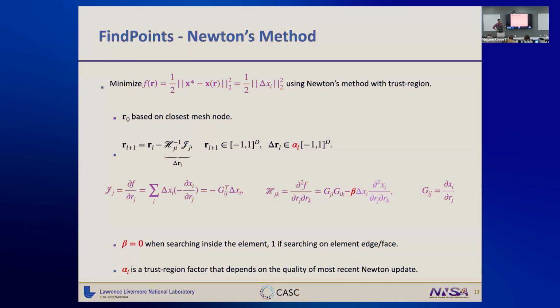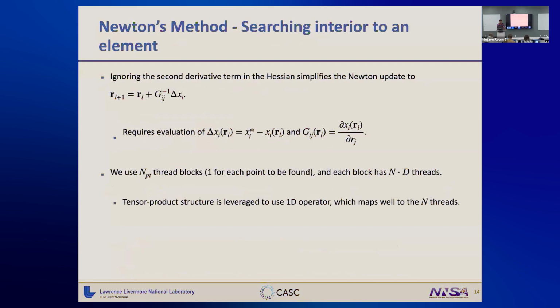To reduce the computational cost, we ignore this term when we are searching inside an element, and only include it if you're on the element boundary. And as I said, we use a trust region based approach. So alpha is determined after each Newton iteration based on the quality of the most recent update.